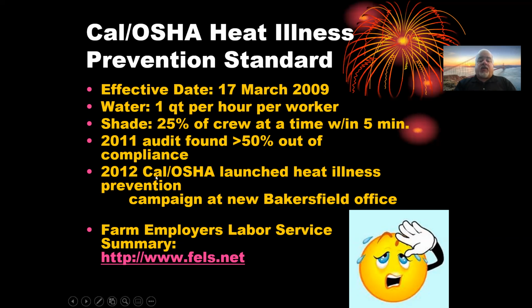So as a result of that, in 2012, Cal OSHA developed a heat illness prevention campaign to ramp it up and get out to the growers. And they started an office in Bakersfield, which I'm pretty sure is still, 9 years later, in full swing.